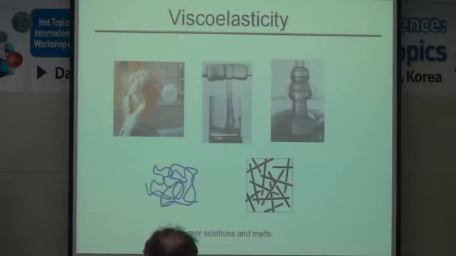It is basically a viscous liquid, but it has elasticity. Examples of viscoelastic liquids are like chewing gum, where it is a liquid, but it behaves like an elastic material, like rubber.